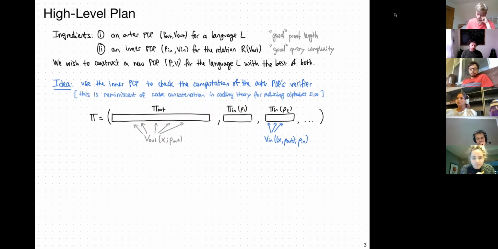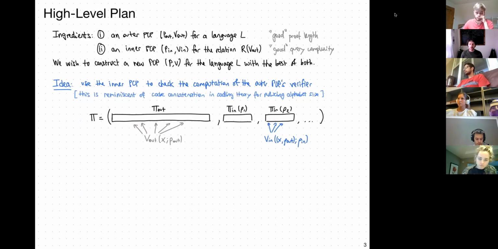And it's not a new idea, in the sense that this is very reminiscent of code concatenation. In coding theory, for those of you who know, the first proof that we had of getting codes which are asymptotically good, and by that I mean they have linear distance and linear length, was done using a similar paradigm, when you take 2 codes and compose them together.